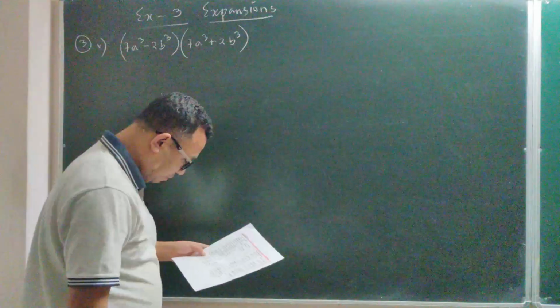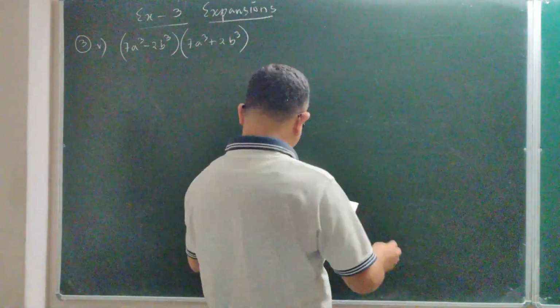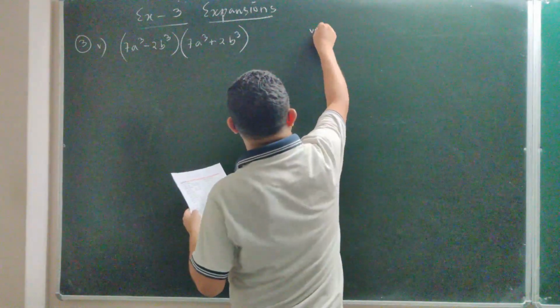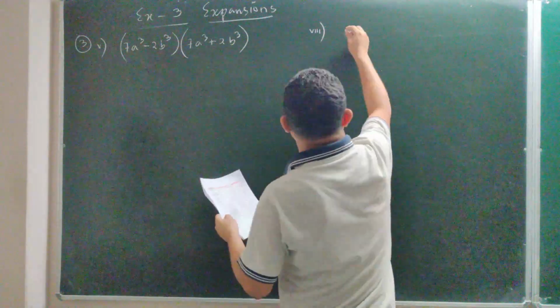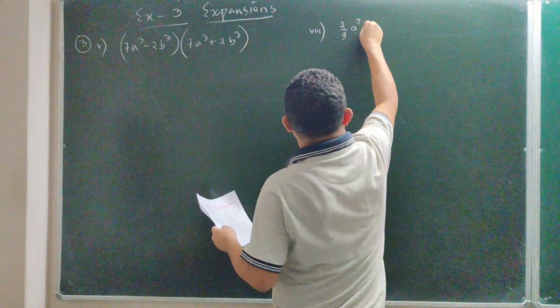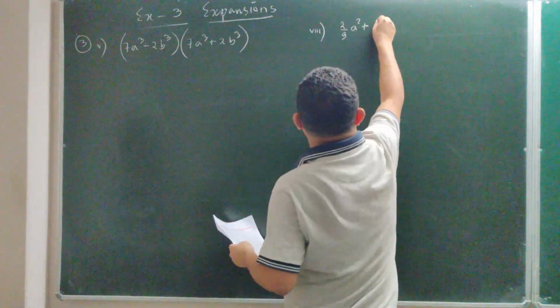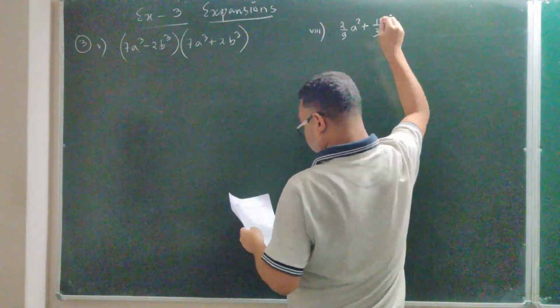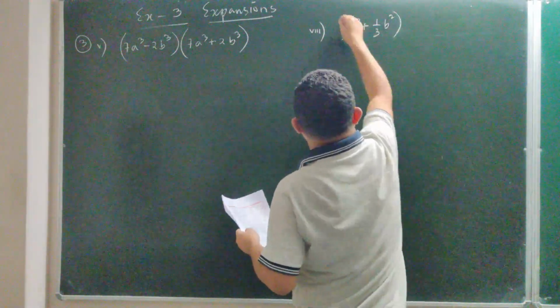Now if I am writing the other one, number 8, then it is 2 by 9 a square plus 1 by 3 b square in one bracket.